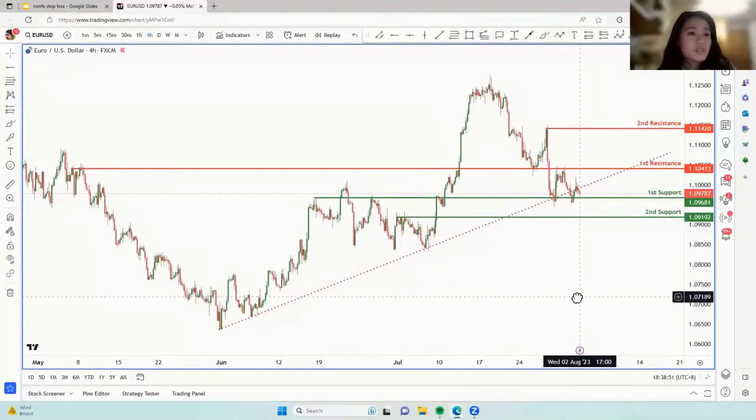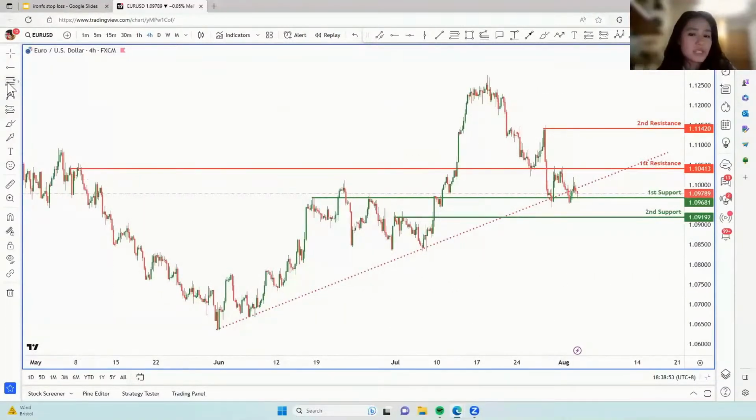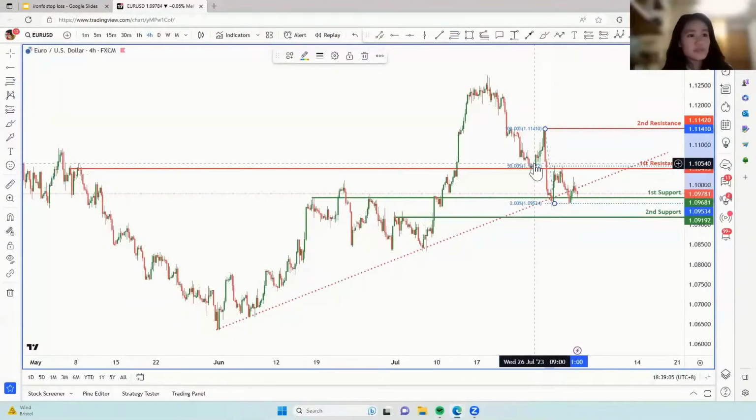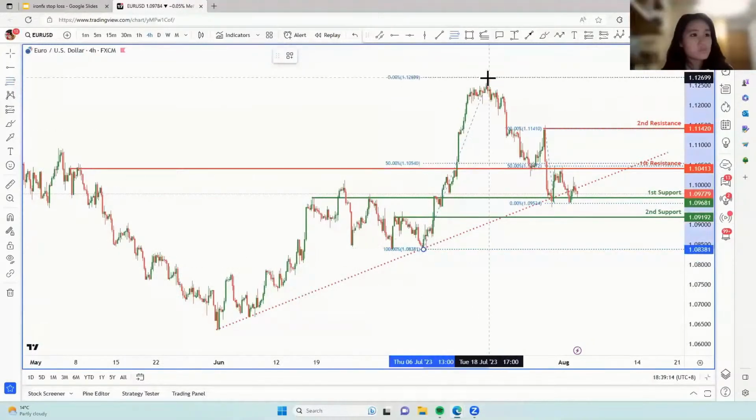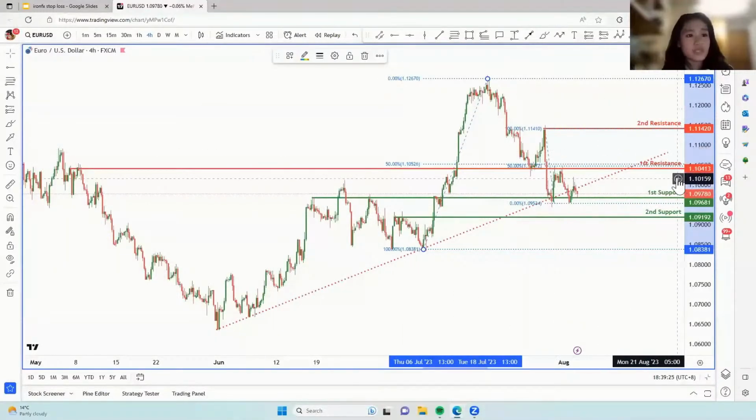Okay. So now that we have that, let's go in with our Fibonacci levels. So from here to here, I have a retracement. You can see my 50% retracement lines up, and my, okay, even though this 50% lines up nicely with my first resistance, it's no longer valid because you can see price has already broken out of this level.